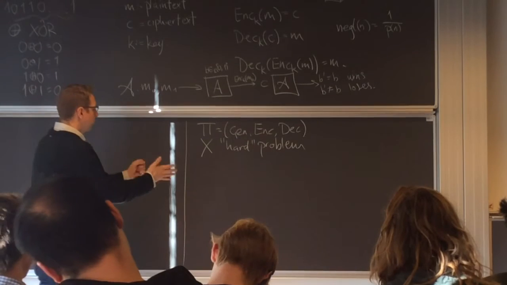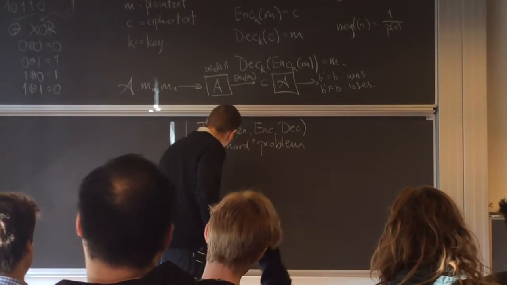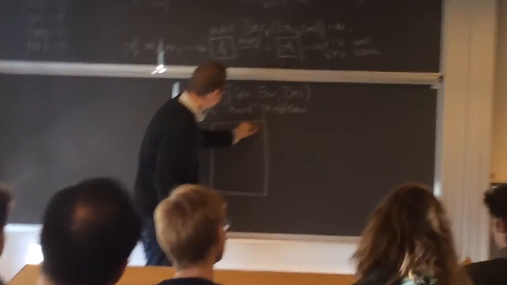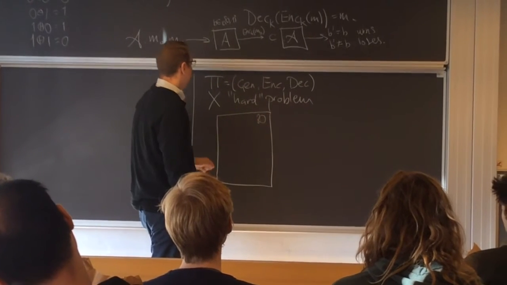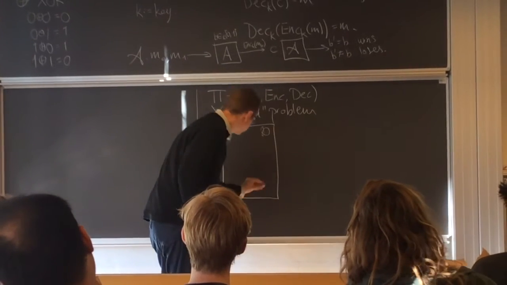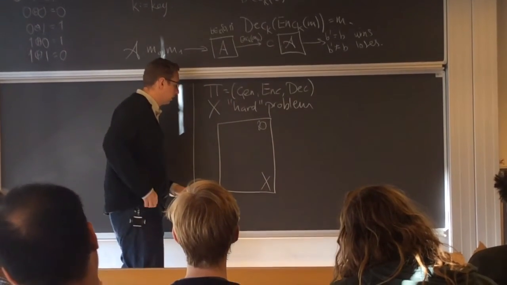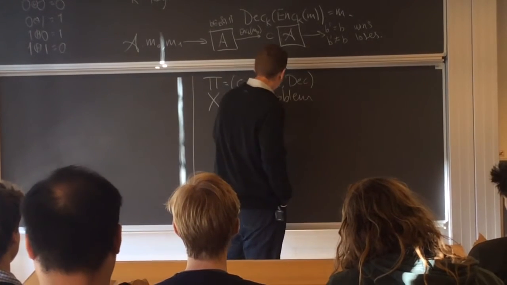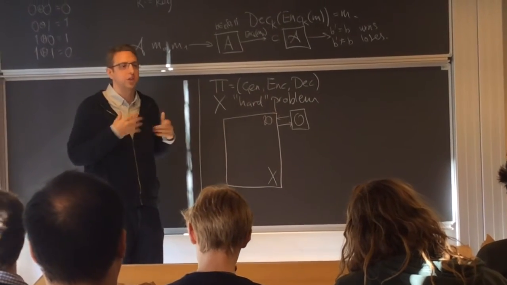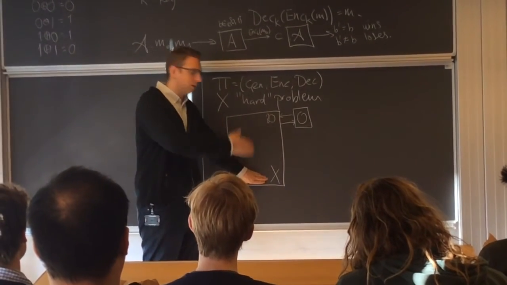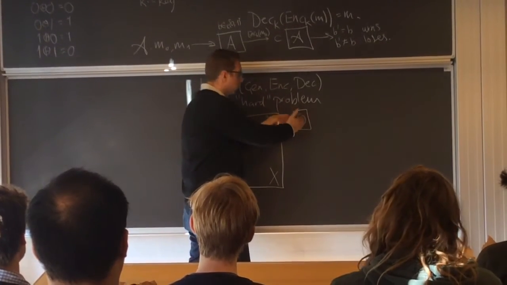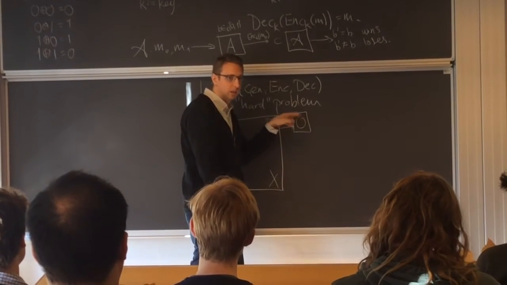Okay, so what do we do? Well, we kind of draw a box. We love diagrams in cryptography, and we say we have some distinguisher D. And D wants to solve X. He wants to do the impossible. Yeah? So let's say that he wants to solve X. Now D has access to some oracle, giving him some sort of information. I don't know what, it depends on the problem. But whatever he knows about the problem, he can talk to this oracle, which he doesn't necessarily know how it works. He actually never knows how it works.